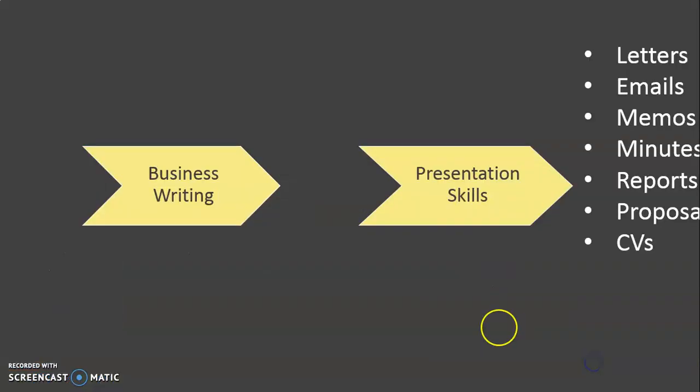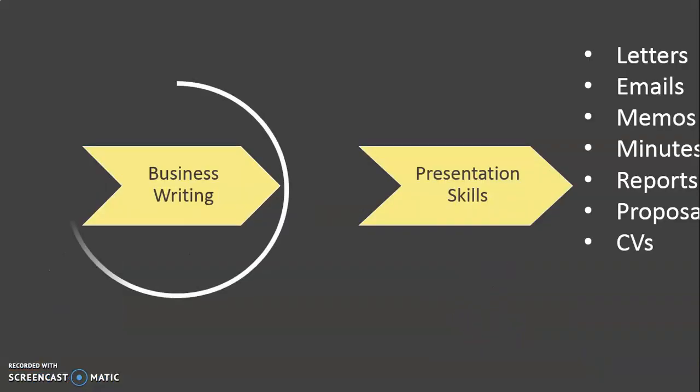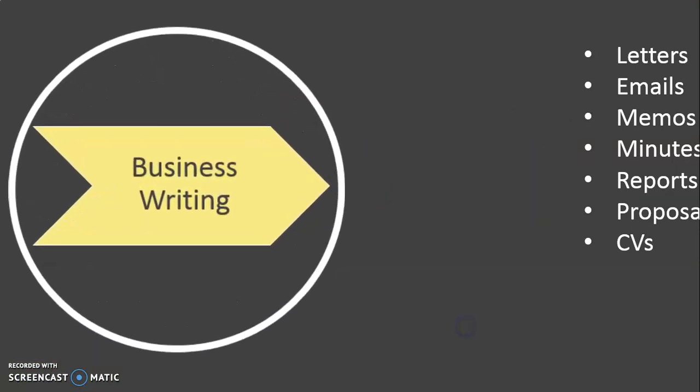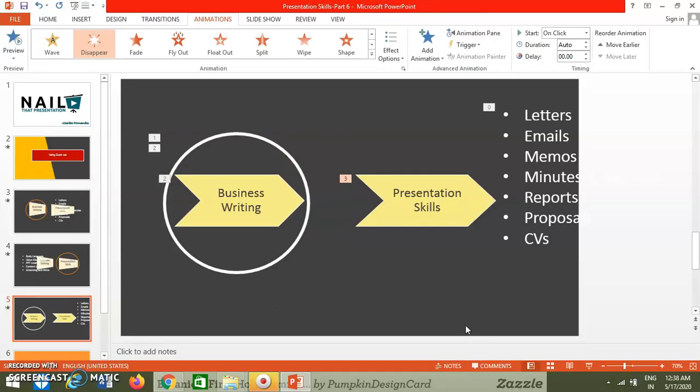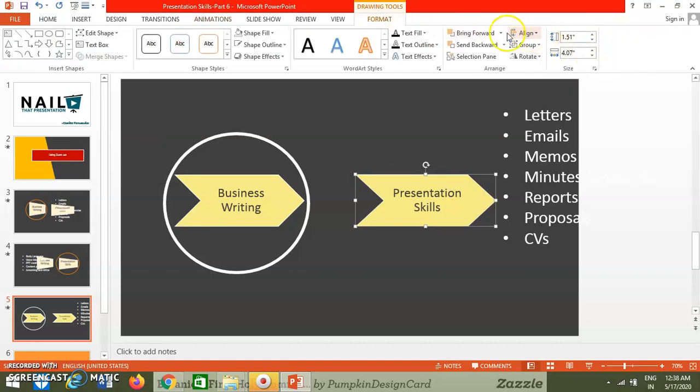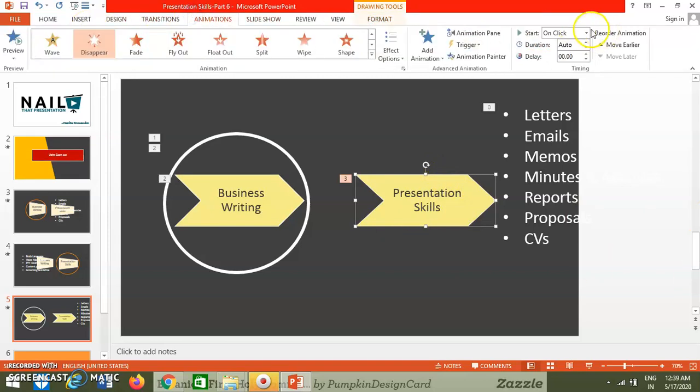Now it is disappearing, but what I want is this has to disappear along with this zooming out option. So I click on this, and I go to the animations tab and I say with previous. Now you see the difference.